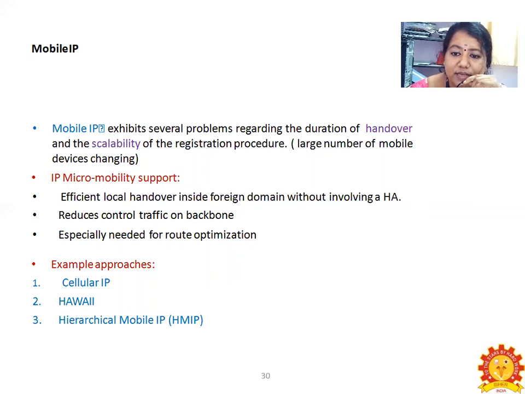It also reduces the control traffic on the backbone, especially needed for quality of service optimizations. Examples of the approaches are Cellular IP, Hawaii, and hierarchical mobile IP, that is HMIP.